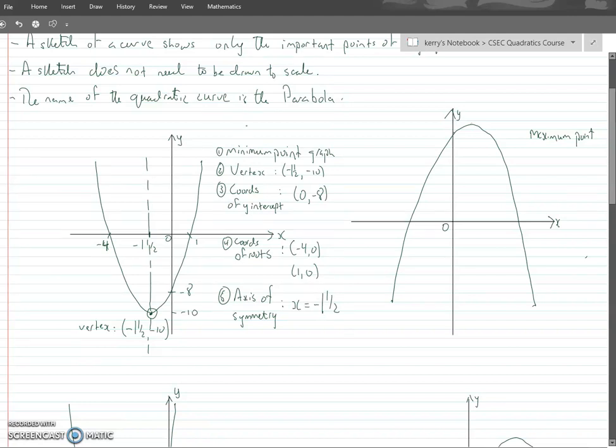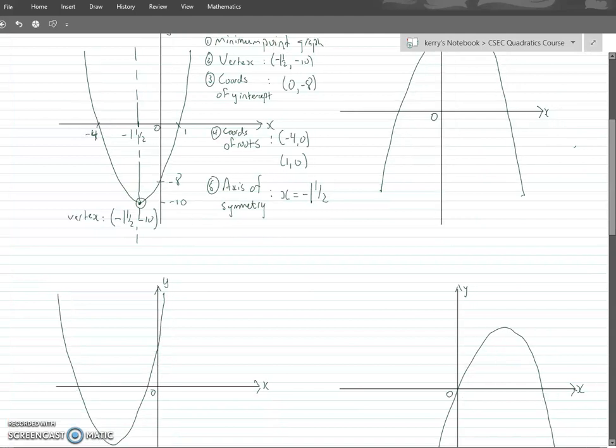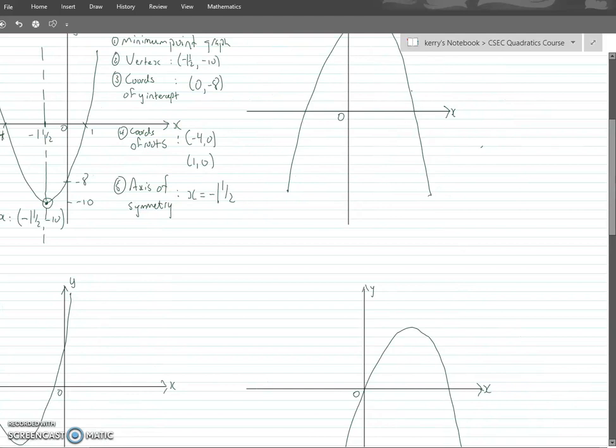So we have to be able to identify these things, like what type of graph it is, what you call the nature of the vertex. The nature of the vertex tells you whether it's a maximum point or a minimum point graph. So let's look at this one now. We'll be going through all these graphs here. It might take us a couple of videos, but that's okay.